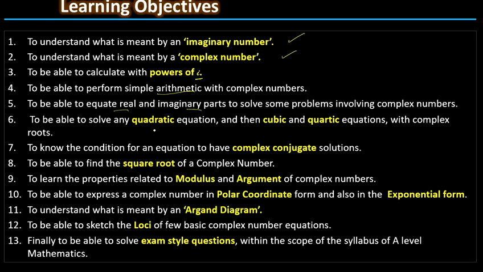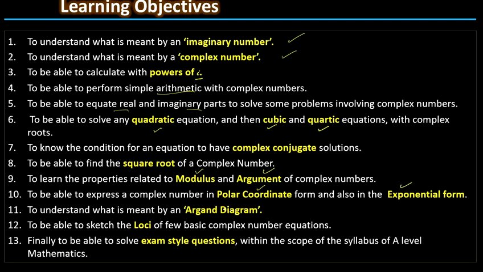Then we need to solve quadratic, cubic or quartic, maximum up to degree 4, equations with complex roots. After this, the concept of complex conjugate, the square root of a complex number, the concept of modulus and argument, another way of writing a complex number, not just standard form but the polar coordinate and exponential form.